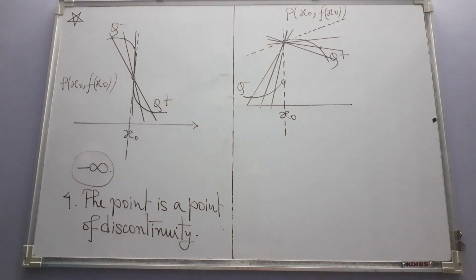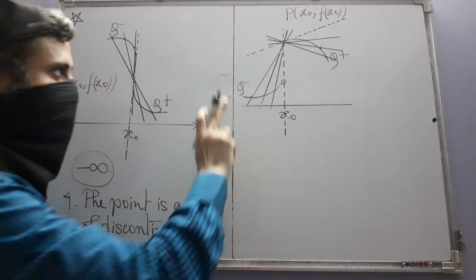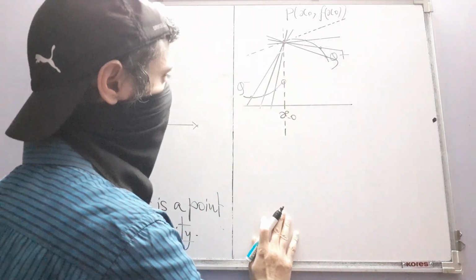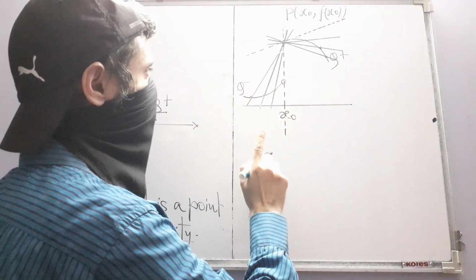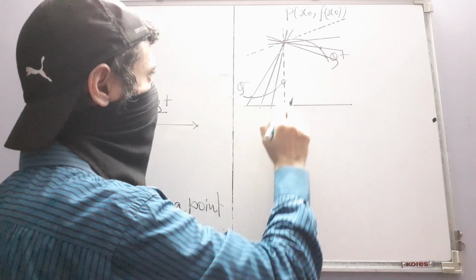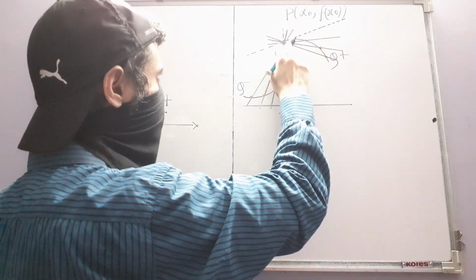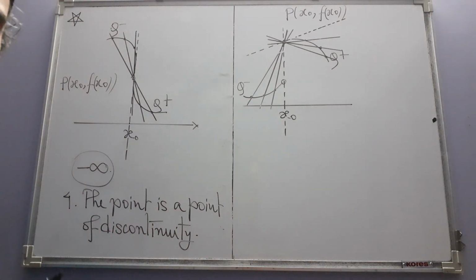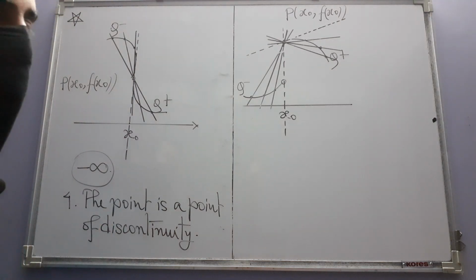This line, however, is not vertical. This line has a slope, and this slope is a real number. So that is the right hand derivative of the function at P, and these two values are different, so the function fails to be differentiable at this point.